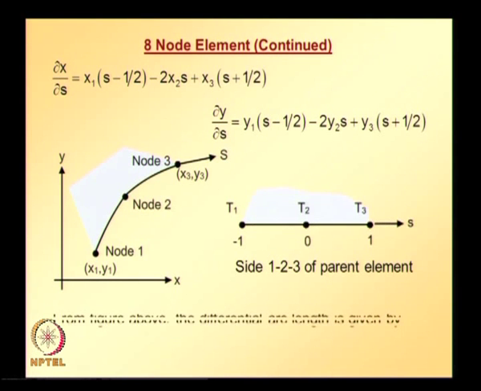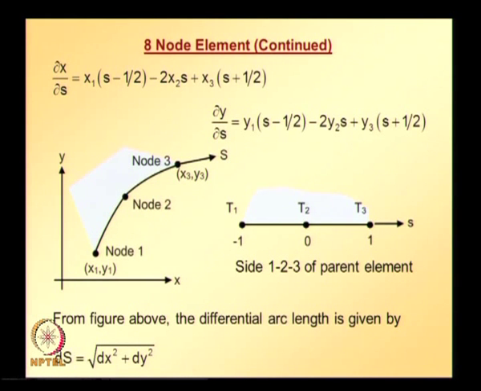The schematic shows how the differential element in the actual element is related to the differential element in the parent element. The differential arc length in the actual element, d capital S, is given by the square root of dx squared plus dy squared.